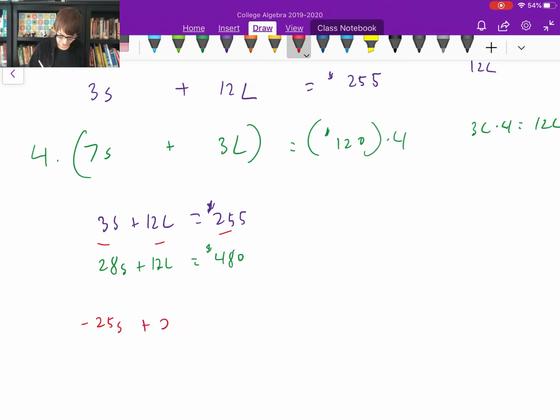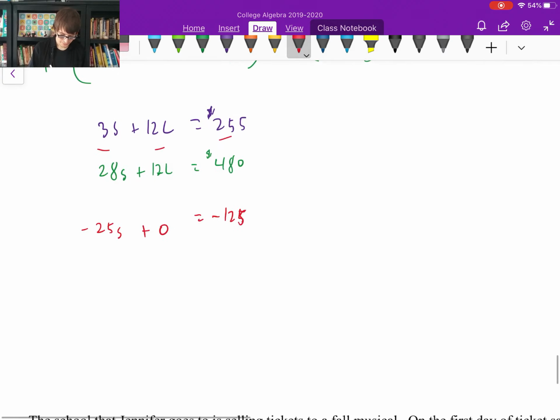On the right side, 255 minus 480 would be negative, because the 480 is larger, negative 125. So negative 125 is our answer there. Great. And so we've got negative 25S.